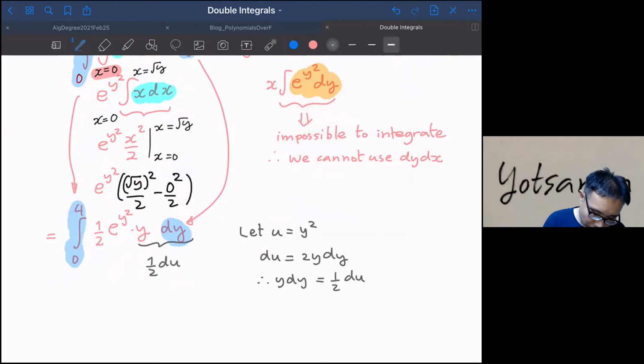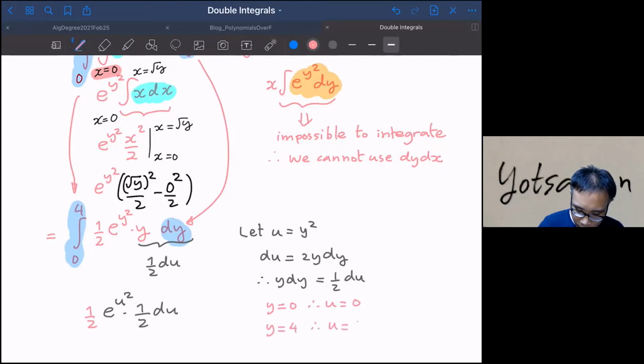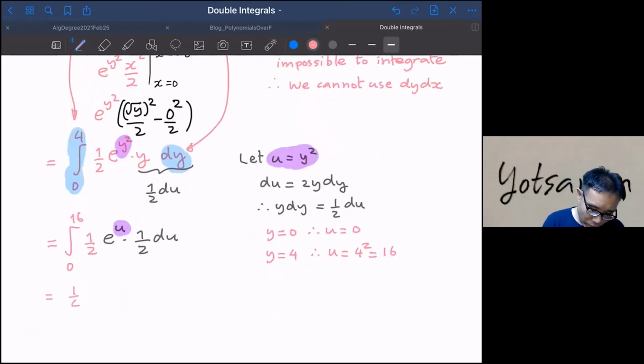This becomes e to the u times 1/2 du, and you also have the 1/2 from before. When y equals 0, u equals 0, and when y equals 4, u equals 4 squared, which is 16. So you integrate from 0 to 16 and get 1/4 e to the u from 0 to 16.